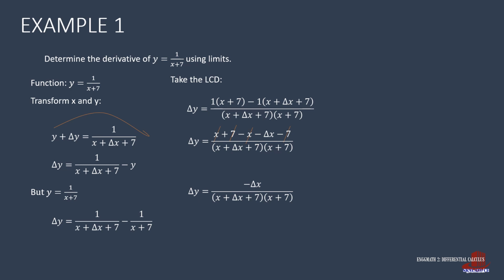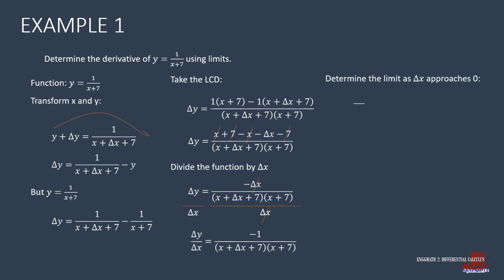With the function already simplified, divide it by delta x. And note that delta x in the numerator cancels out with the new denominator. So delta y over delta x is equal to negative 1 over the quantities x plus delta x plus 7 and x plus 7.